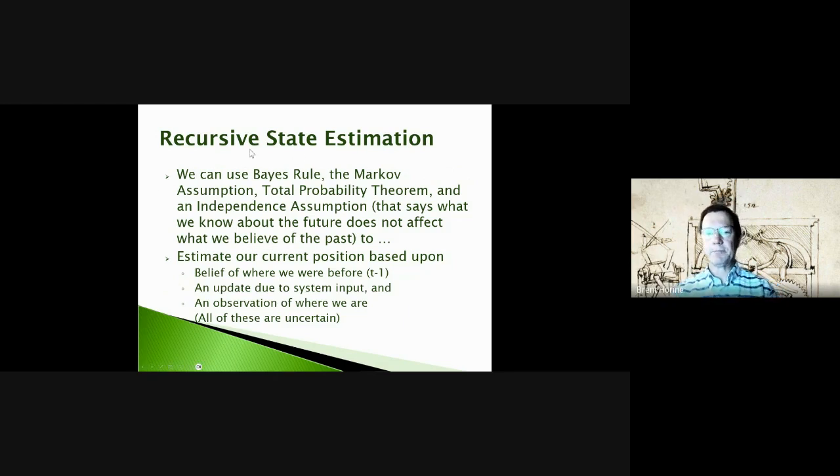If you remember from your probability and statistics course, Bayes' rule helps you transform conditional probabilities. If you're going to ask what's the probability of X given Y, and you want to flip that around and examine the probability of Y given X, you do that through Bayes' rule.